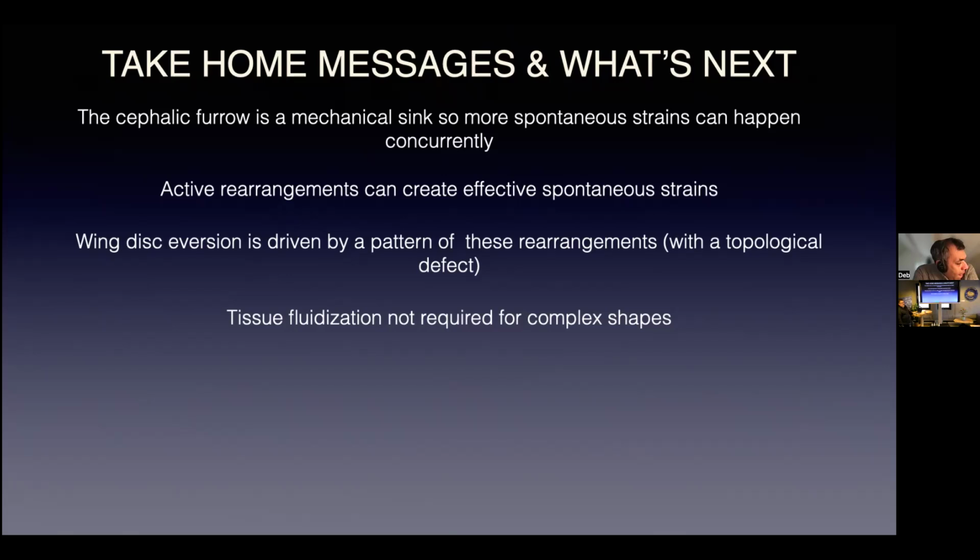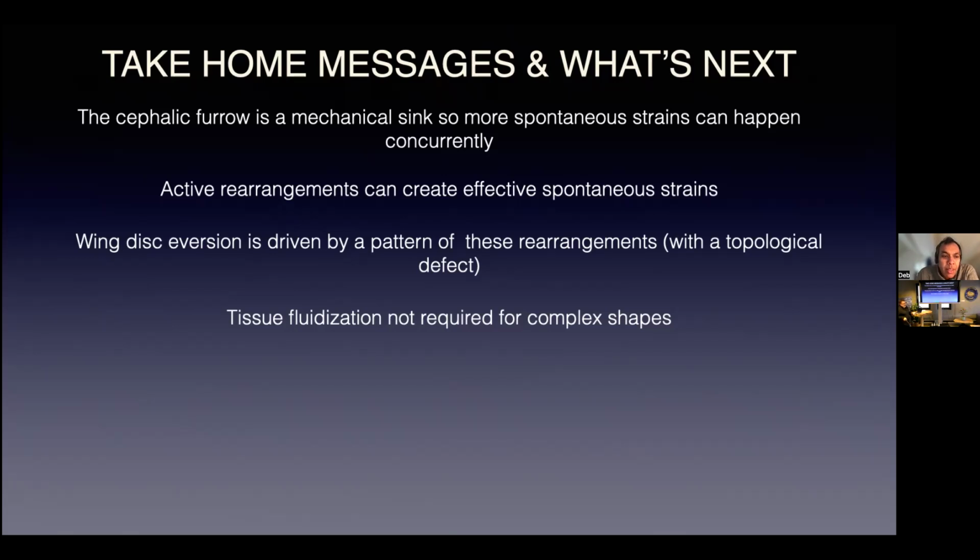And many people will tell you, oh, if you see cell rearrangements at all, that means your tissue is fluid, right? That's nonsense, right? That is not true. And I think people know that that's not true, but they're just being too lax about it and not thinking deeply enough. When they say it, it's just easy, right? It's easy to communicate that to biologists.